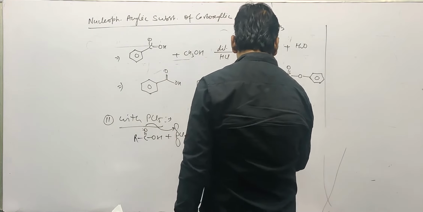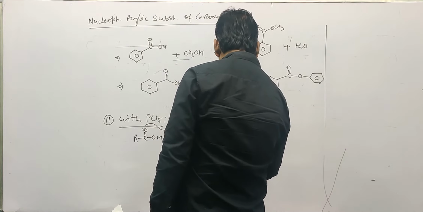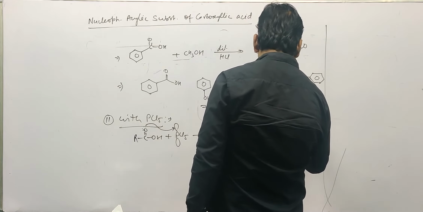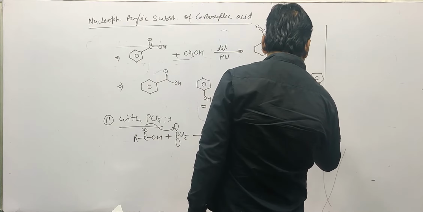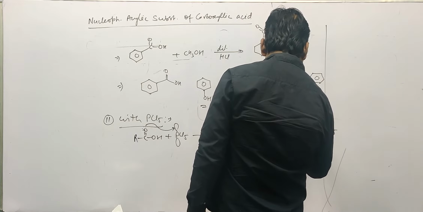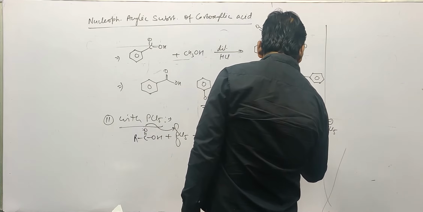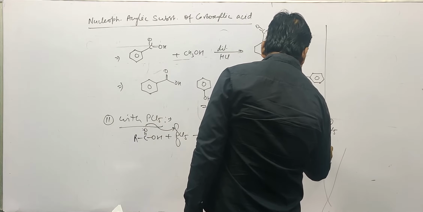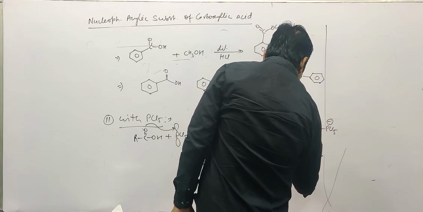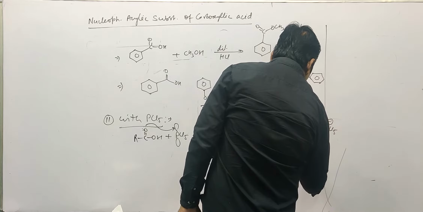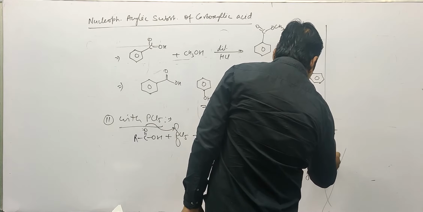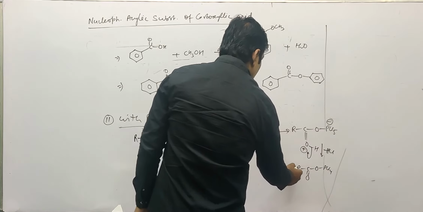Further, there will be loss of H plus and Cl minus. So this will be RC O PCl5 with a minus, and over here double bond O H with a plus. Then this H plus will move out and Cl minus will be eliminated in the form of HCl, becoming RC double bond O PCl4.